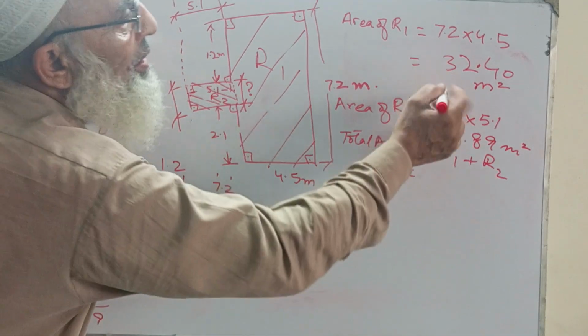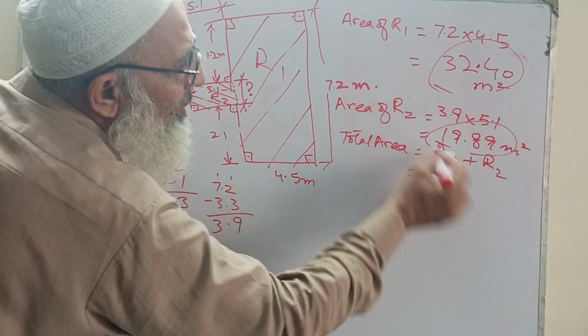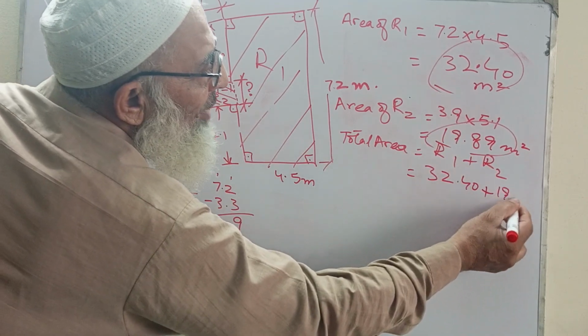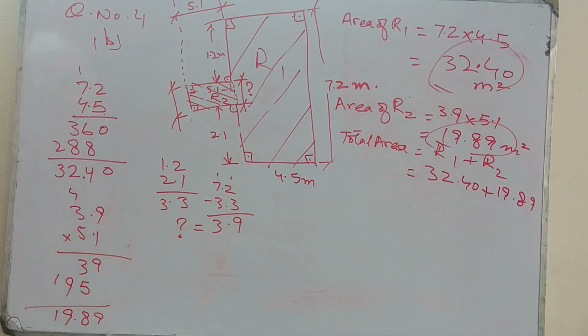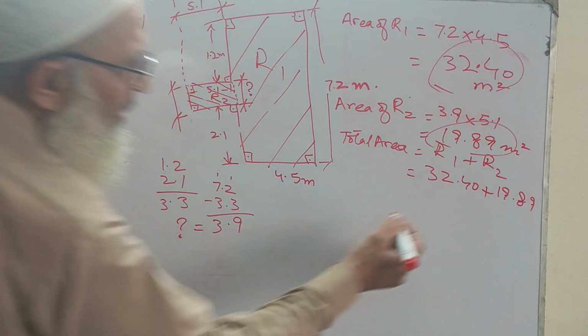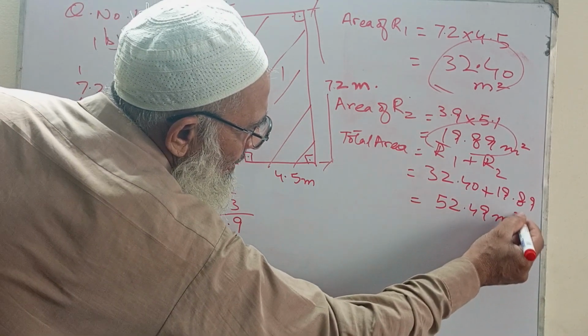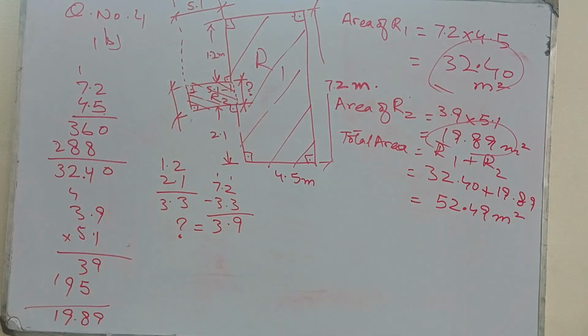It will become 52.29... 52.49 meter square. 52.49 meters square.